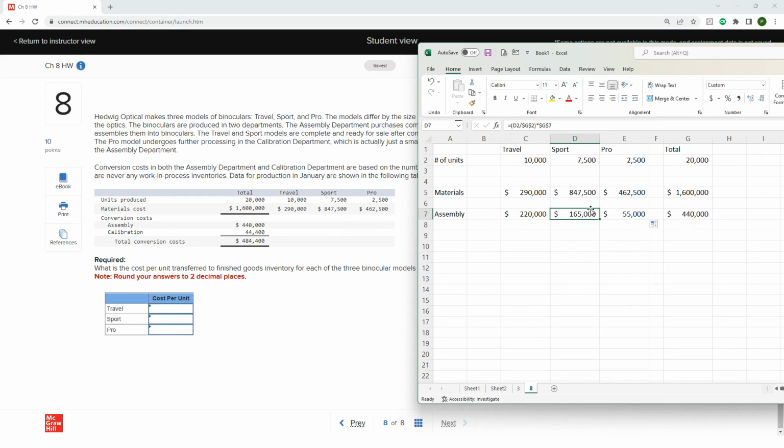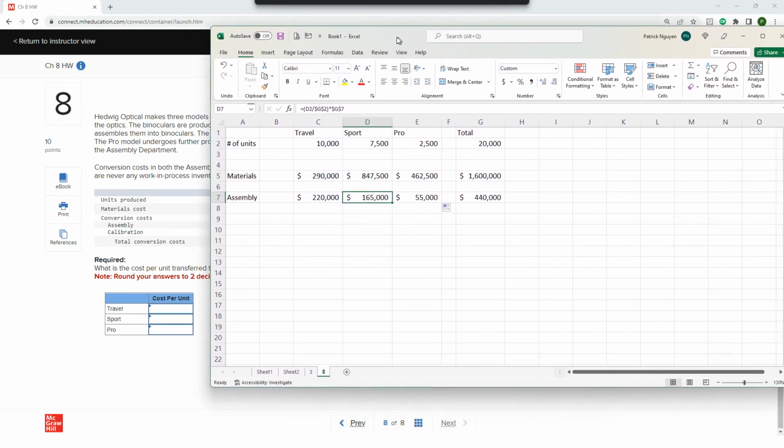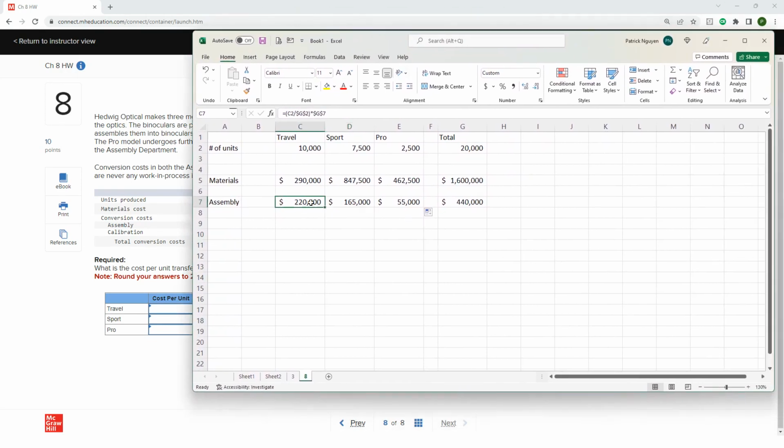How we allocate the assembly costs. And one nice little thing about Excel is if we highlight these three numbers here, it'll automatically sum it for us. And the sum here is 440,000, which it shows at the bottom. And so we know that we did our formulas correctly. So it's always good to check your work to make sure that you set up Excel correctly.